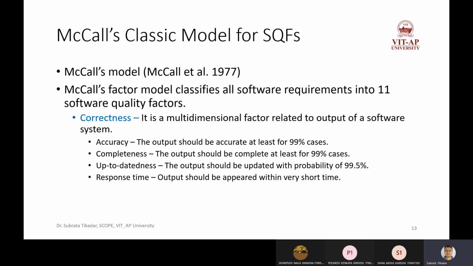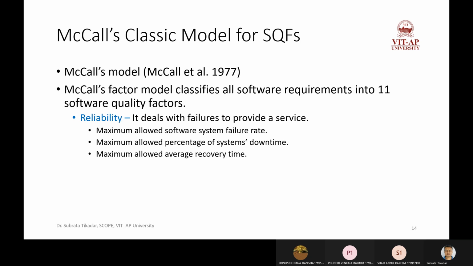For example, after clicking the find item button or find employee button, the item should appear within 2 seconds or within 1 second. So the response should be quick. So all these are related to correctness. So correctness is therefore a multidimensional factor. The sub-factors, or dimensions, are accuracy, completeness, up-to-datedness, and response time.